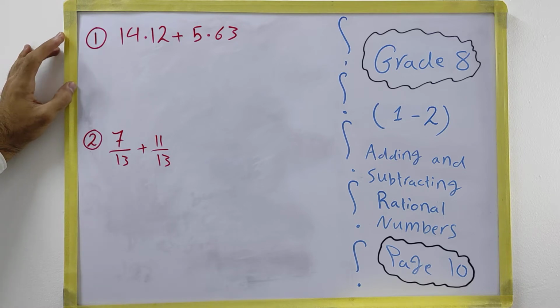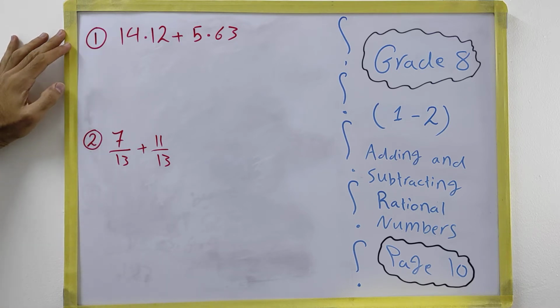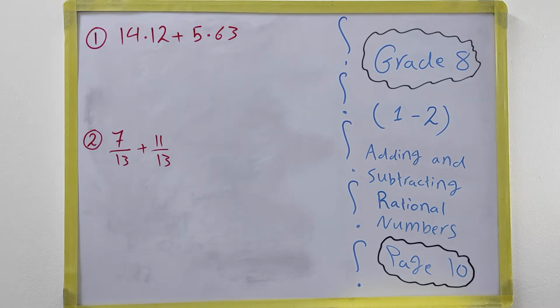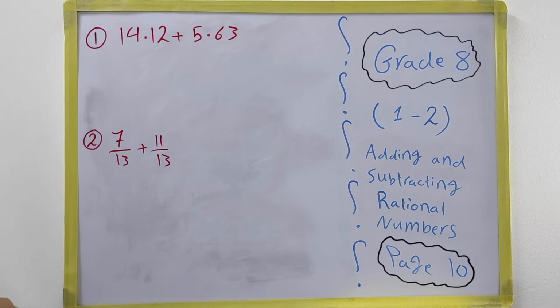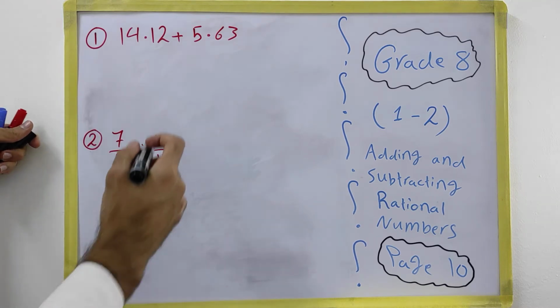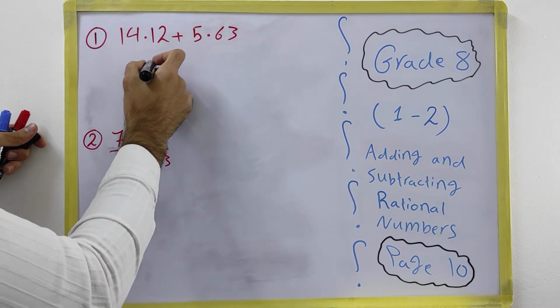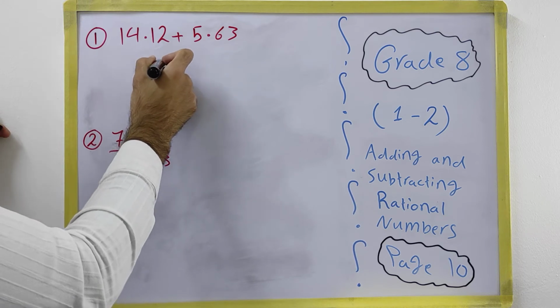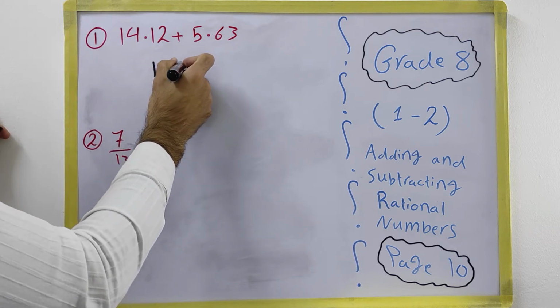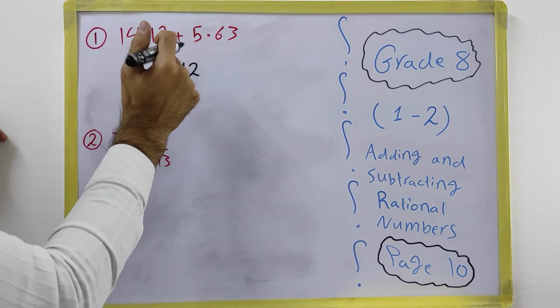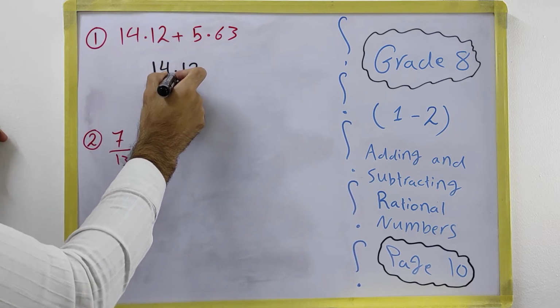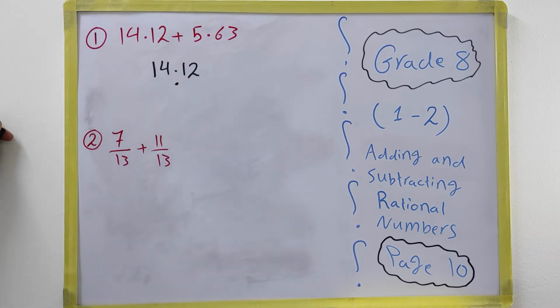Then you will see. In addition and subtraction, at first, if we have two rational numbers in decimal form, the way to do it is always the rule: point over point, number over number. The most important thing is point must be over point.